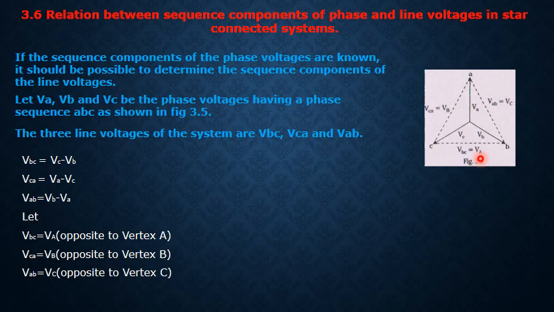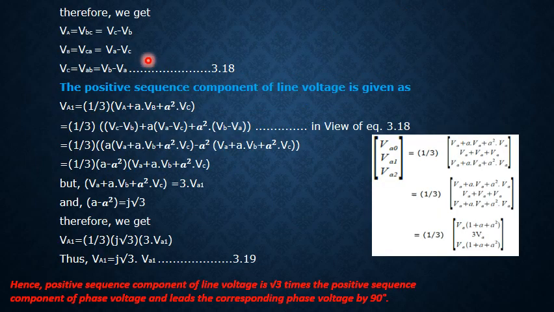So take that into consideration. VBC is equal to VA, and we represent VCA as VB and VAB as VC, which is represented in this phasor diagram respectively.